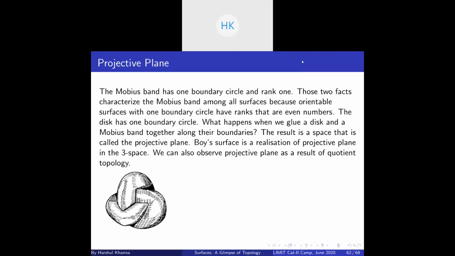Most of you must have seen projective geometry, I guess. There are various ways to interpret projective planes. The most basic is adding a line at infinity to a plane.